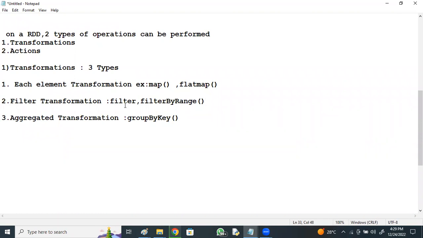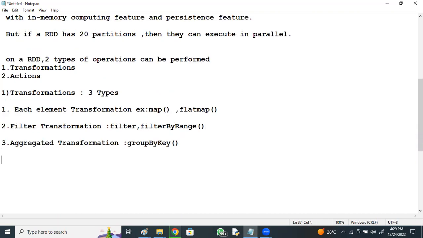Two types of actions can be performed. What do you mean by actions? Transformations and actions.